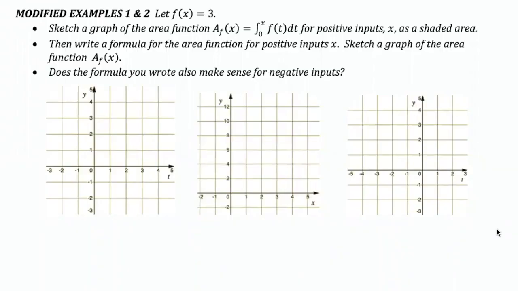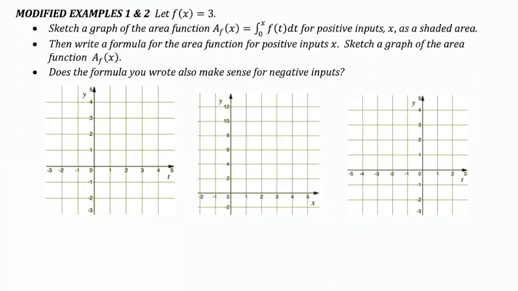This next example is a modified version of example 1 and 2 from the textbook. We're going to let our function in this case be f of x equals 3. This is a constant function, which when you graph it is just going to be a horizontal line going across the graph at 3. So first we're going to begin by sketching a graph of the area function. A sub f of x is going to be defined this time as the integral from 0 to x.